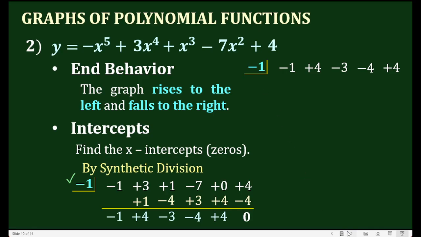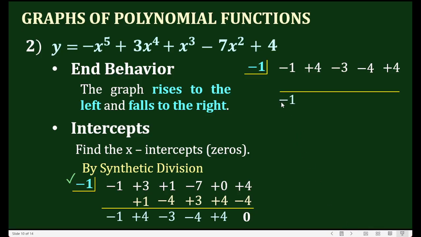Now, if we repeat using negative 1 in the synthetic division and the resulting remainder is not 0, it means we only have one negative 1 x-intercept, and we go to the next factor of 4. But here, let us try negative 1.